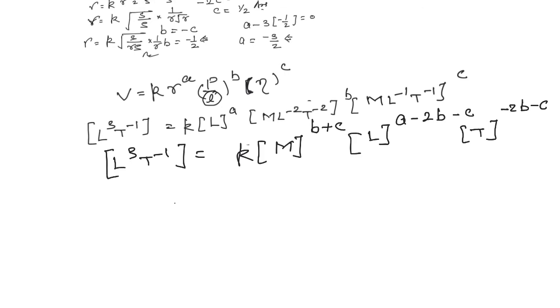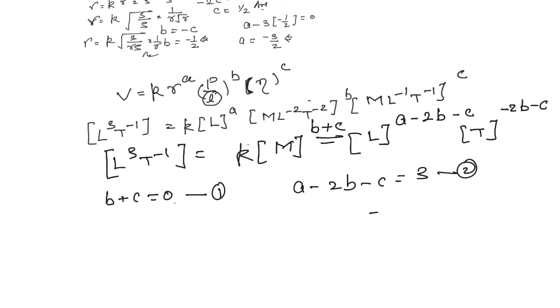Okay. So class, what is B plus C value? That is 0. You can compare both sides. A minus 2B minus C value will be 3. And finally we can write minus 2B minus C equals minus 1.